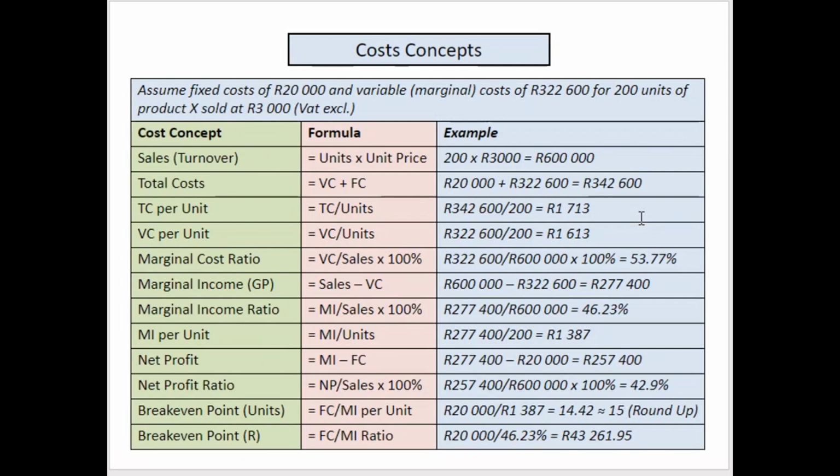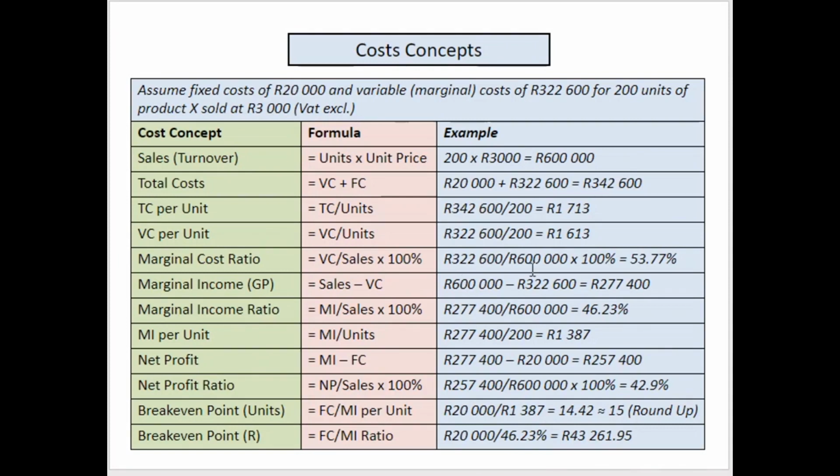So our variable cost per unit is that variable cost that was given to us, this 322,600, divided by 200. And so this time the answer is 1,613 Rand.